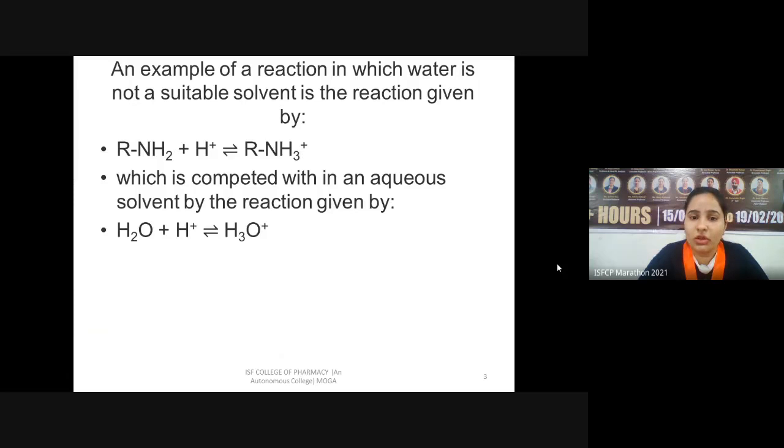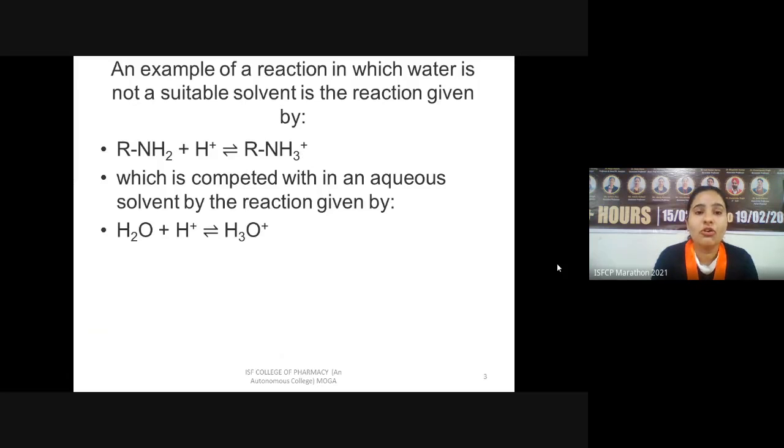Half of the H positive ions have interacted with the amine group, which was not the required reaction, and have merely been used up in the reaction of the amine group.